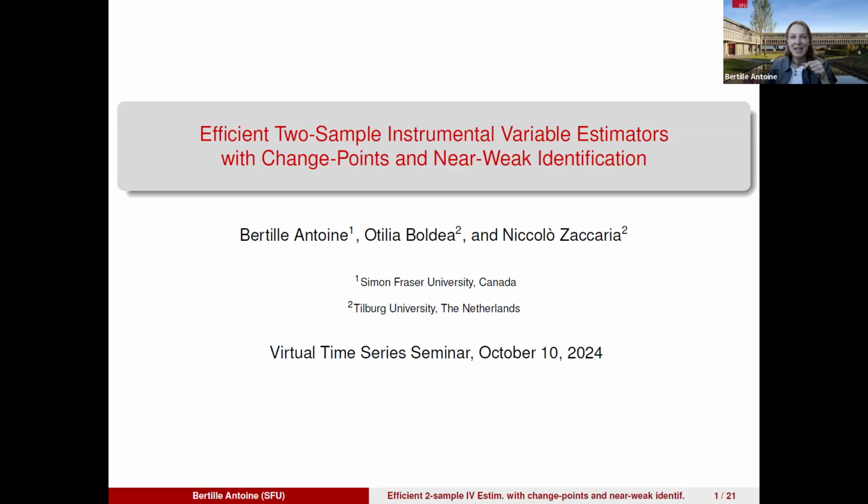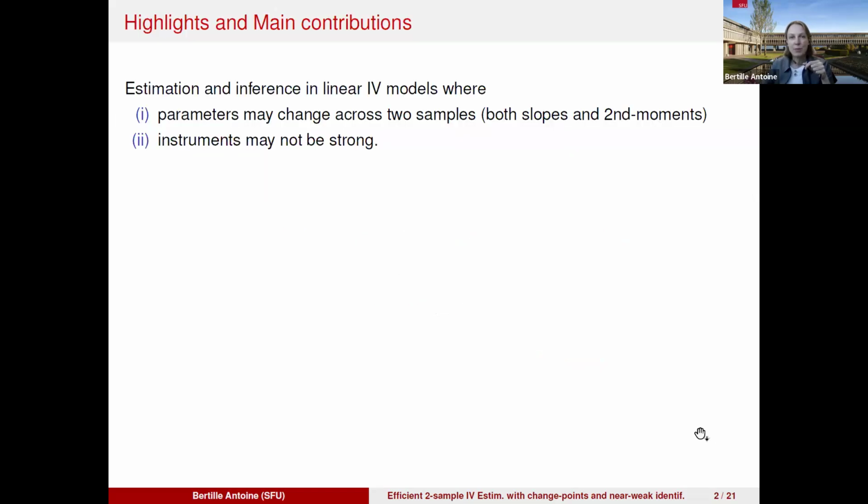So we are working on efficient two-sample IV estimators, and then we have change points and we have near-weak identification. So in this project, we are interested in developing estimation and inference in linear IV models. And as the title suggests, our linear IV models have two features.